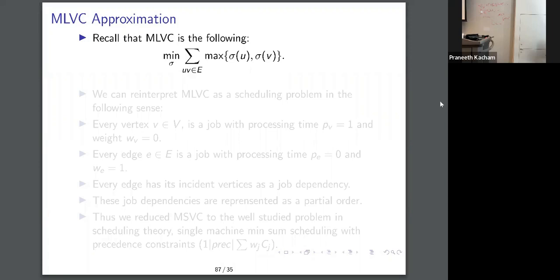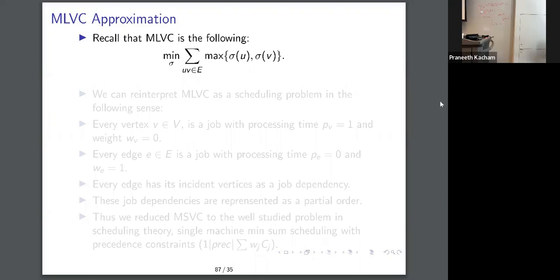It depends on what the objective function of the scheduling problem is. The objective function for one of the most famous scheduling problems is min-sum scheduling with precedence constraints, which in scheduling literature is noted as this, something like that, where W is the weight of the job and F is the finish time.